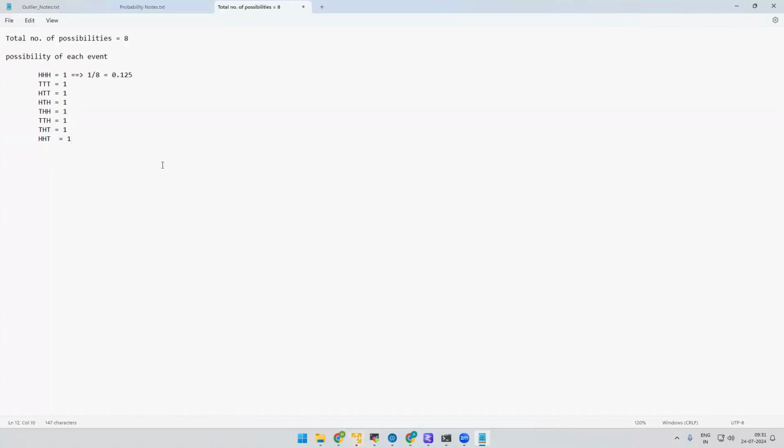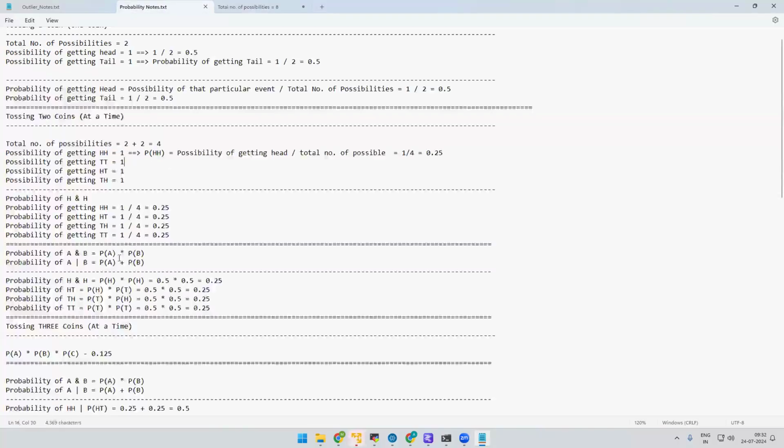Instead of calculating like this, we already know the formula. HHH is nothing but probability of H and H and H. It is happening simultaneously. So what is the formula for this? Probability of H multiplied by probability of H multiplied by probability of H. What is the formula for A and B? It is probability of A multiplied by probability of B. Remember the formula?